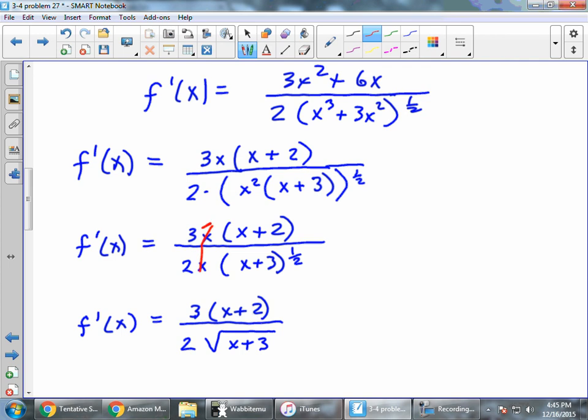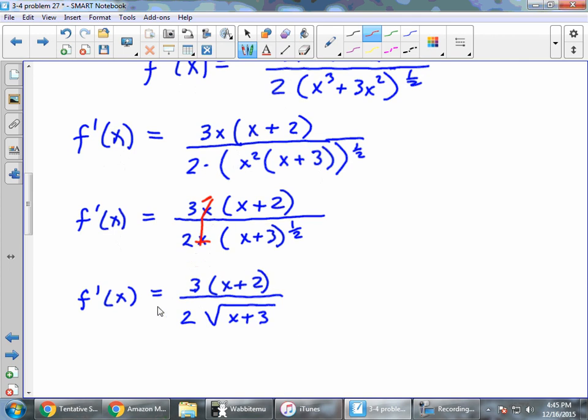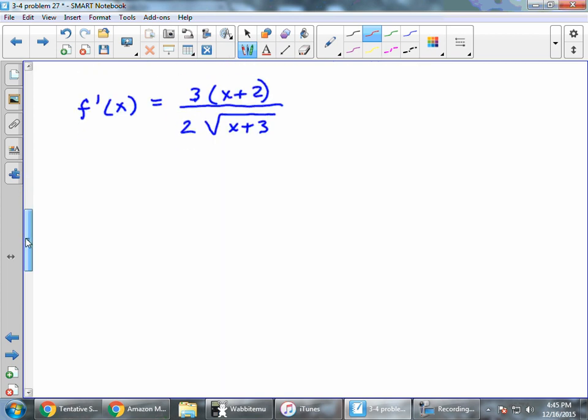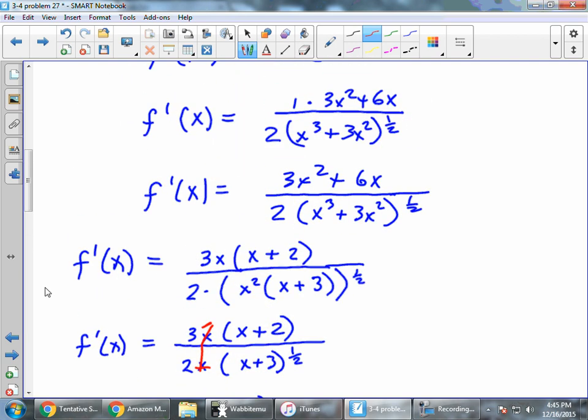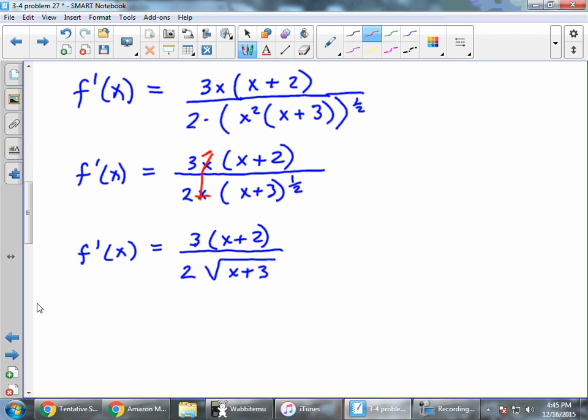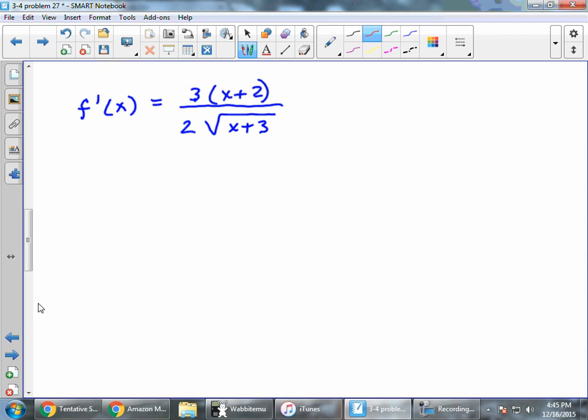I saw a guy do the big 1 like that. That was kind of cool. It just becomes 1. And then this expression here is quite a bit simpler, and at this point you can take your second derivative. See, we did several steps there prior to taking the second derivative, and that is a good thing to do to make your life easier.